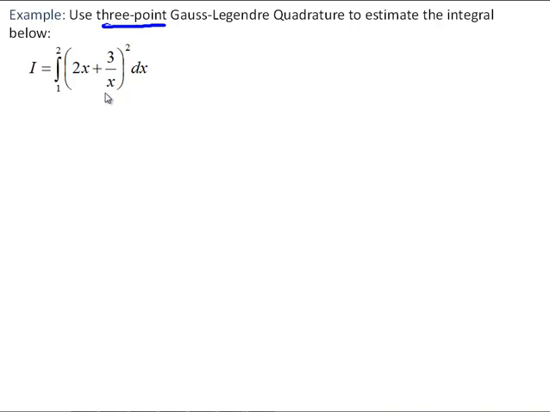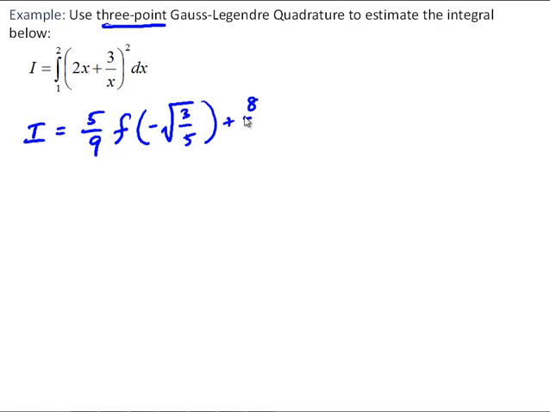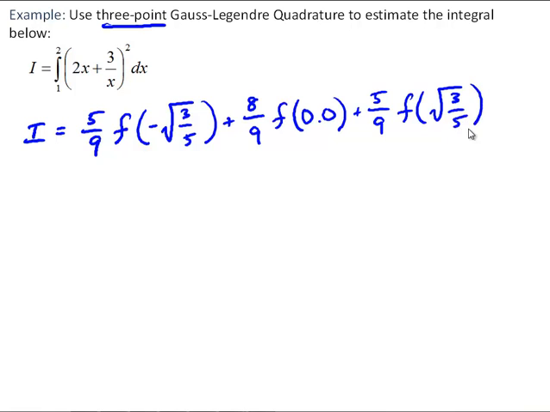So from the table, that 3-point Gauss Legendre is going to be I is equal to 5/9 times f evaluated at negative square root of 3/5 plus 8/9 times f evaluated at 0.0 plus 5/9 times f evaluated at the square root of 3 over 5.